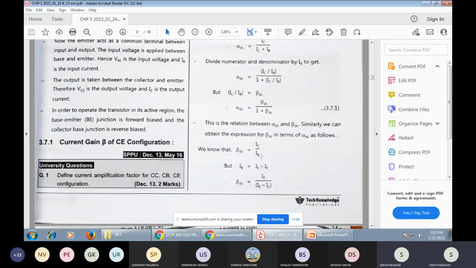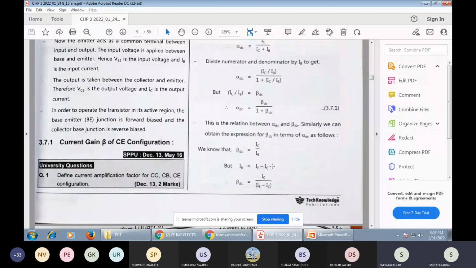Then what is IE? IE is the emitter current, it is the total current. Total current IE is equal to IC plus IB, the sum of the collector current and the base current. But you can find out the base current as the input, IE minus IC.